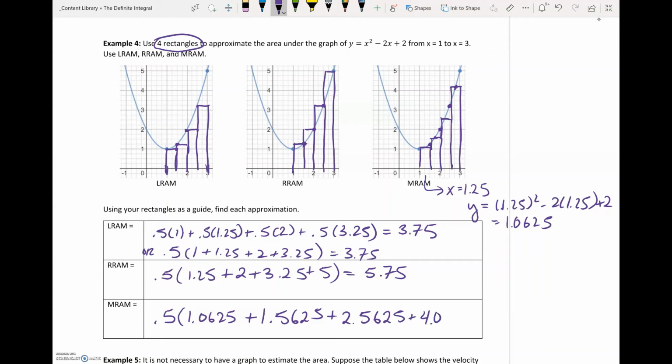So these are the heights for each of those triangles. And then your final calculation will give you 4.625. So if you take a look at the LRAM, the RRAM, and the MRAM, your MRAM's right in between your LRAM, your RRAM. So this is going to be the most accurate you can get out of all 3 different methods.